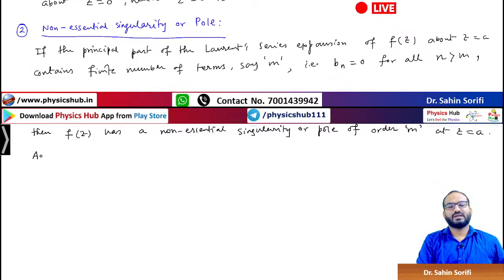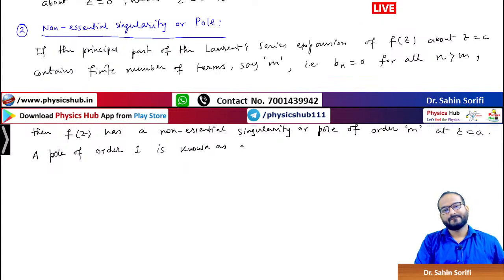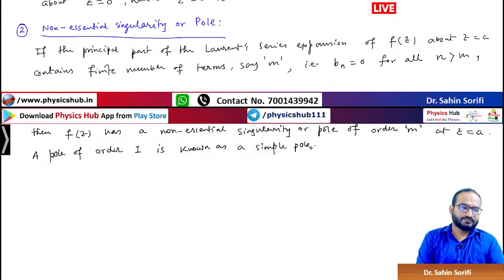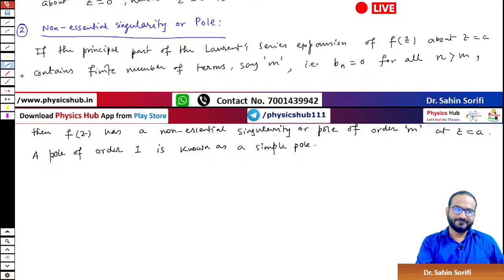And to note, a pole of order 1 is known as a simple pole. So now what will be the expansion? What will be the form of the expansion?